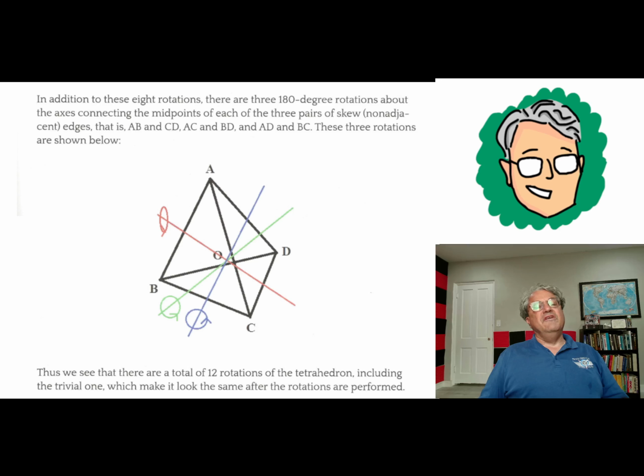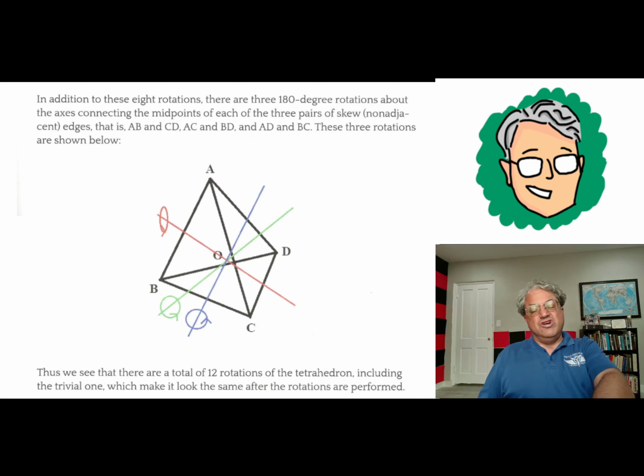A little hard to see, but I think for the green axis, that's (AC)(BD). That would flip A and C, and also flip B and D. And then the last one, the blue axis, would be (AD)(BC). That's what these 180-degree rotations do to the vertices of the tetrahedron. They just correspond to a product of two disjoint transpositions.